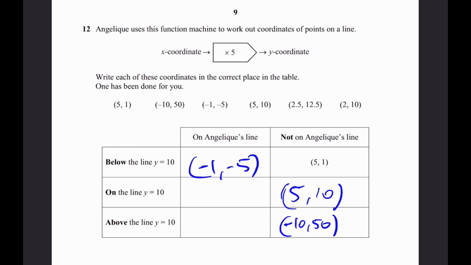But then, about Angelique's line, 2.5 times 5 is equal to 12.5. And therefore, it is on Angelique's line. This is where the point goes. And the final point, 2, 10, it'll go here because the y value is 10. It's on the line y equals 10. And 2 times 5 is equal to 10. So it's on Angelique's line.